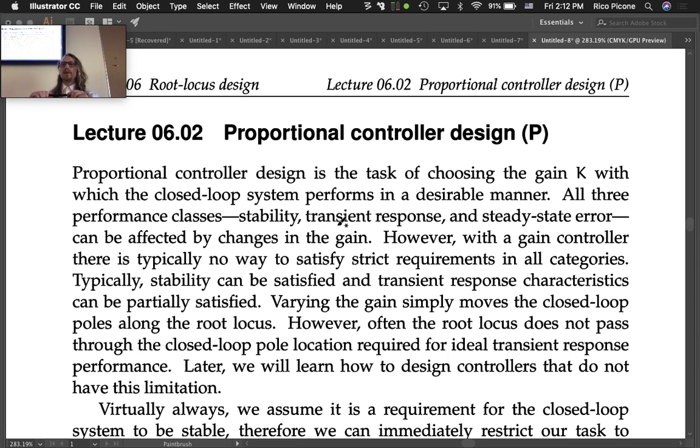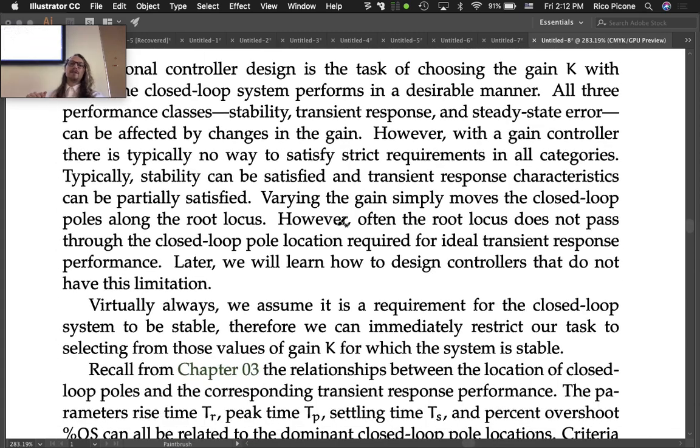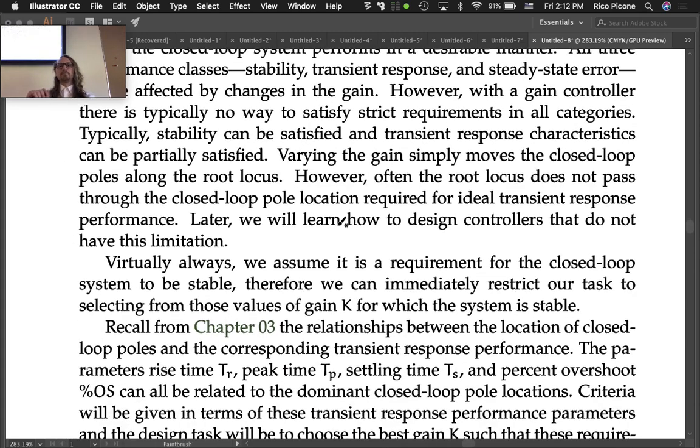Typically, stability can be satisfied, and transient response characteristics can be partially satisfied. Varying the gain simply moves the closed loop poles along the root locus. However, often the root locus does not pass through the closed loop pole location required for ideal transient response performance, which is a bummer. But next week, we will learn how to design controllers that do not have this limitation.